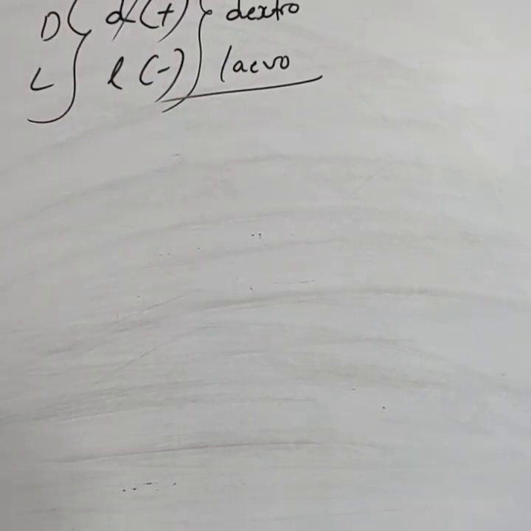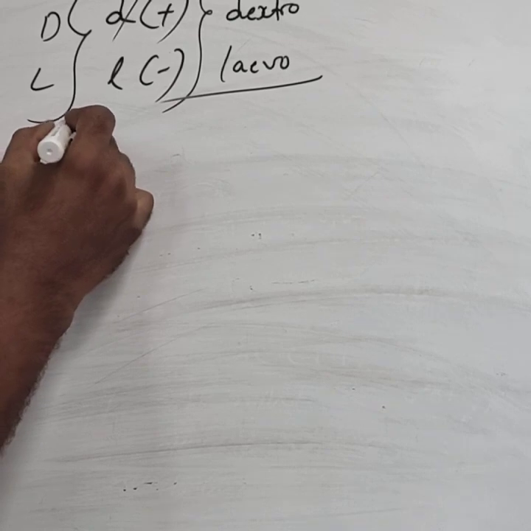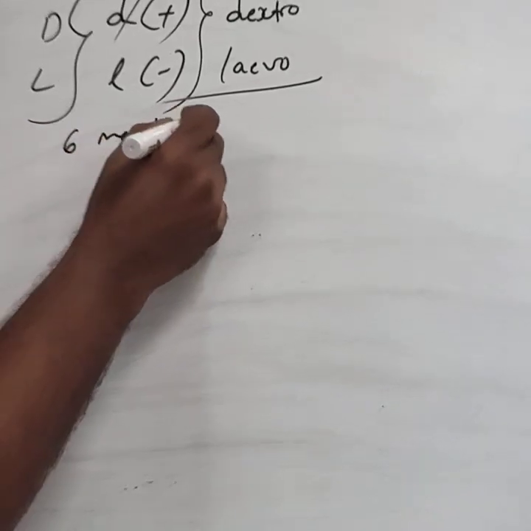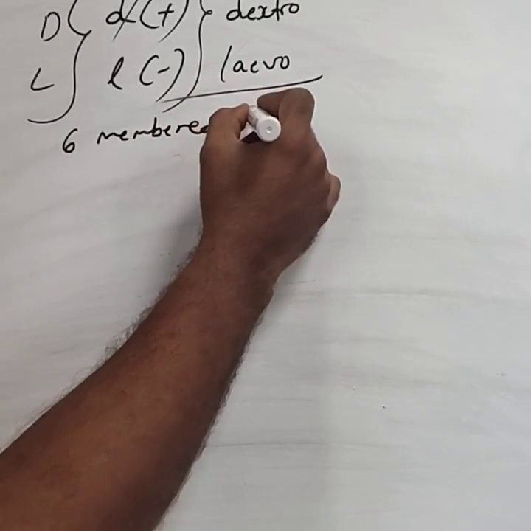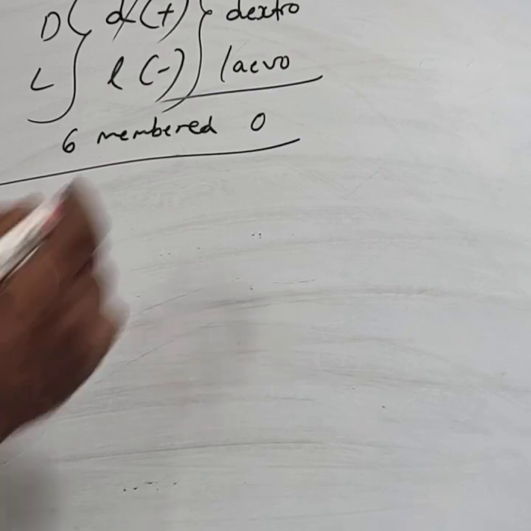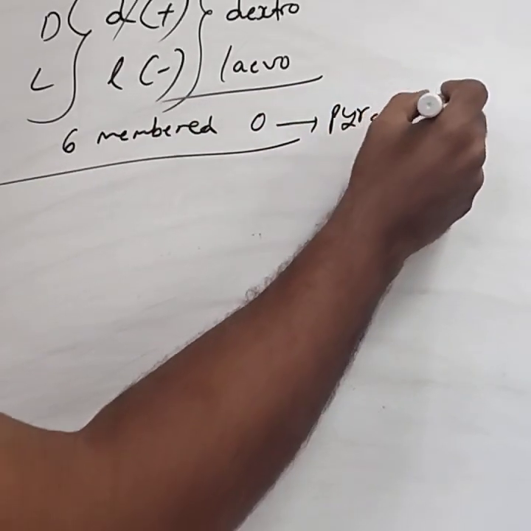Next, if you consider the cyclic ring structure, if a carbohydrate is present in a 6-membered ring containing an oxygen atom, then it is called pyranose.